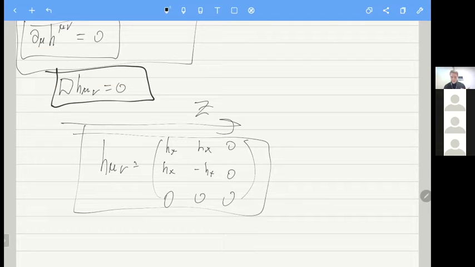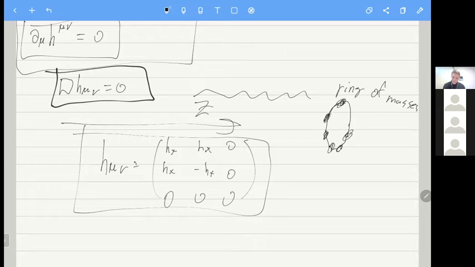So for example, here, if this gravitational wave is traveling in the z direction, then what happens if it encounters something? So let's say that it encounters a ring of masses. There are point particles in a ring like this.